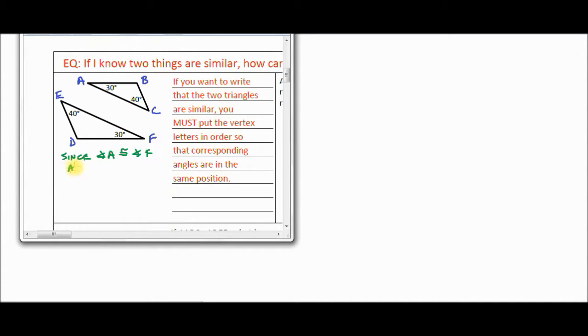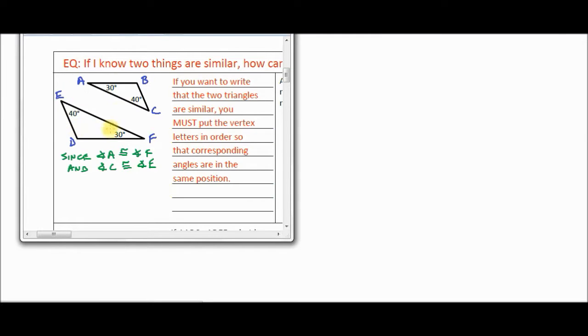And we also see that angle C is congruent to angle E. So angle C is 40 degrees and angle E is 40 degrees. Class, since you know that the interior angles of a triangle add up to 180, we also know that angle B and angle D are congruent, but we don't even need that now.